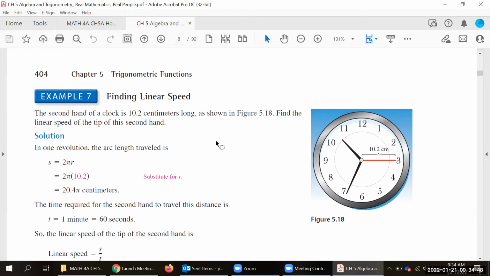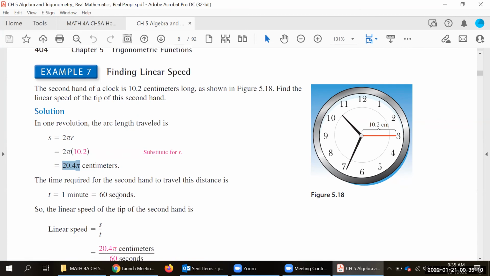What do I want my answer to look like? So in one revolution, it travels a circumference 2 pi r, and so in one revolution, it goes 20.4 times pi centimeters.